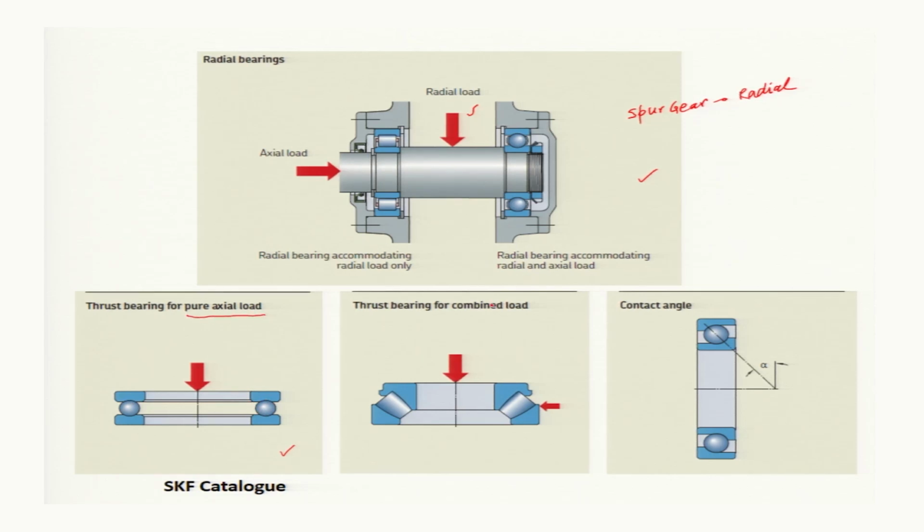Now, the thrust bearing for combined loads, if the roller is a tapered roller, then this may support both axial load, this is the axial load, and this one is the radial load, because it is directing towards the center of rotation of the shaft.